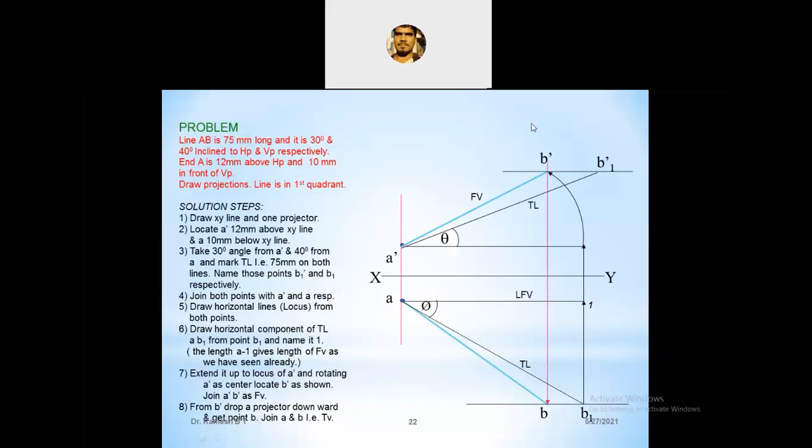AB is the top view, having a different length, and A dash B dash is a different length. Measure those apparent lengths, front view and top view, and also measure alpha in the front view and beta in the top view.